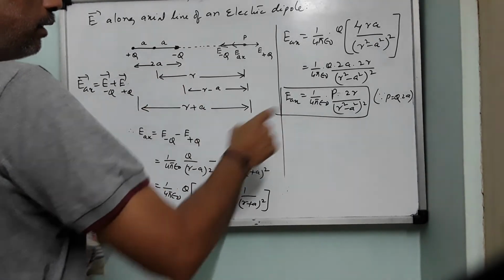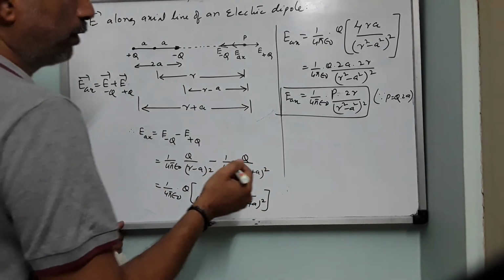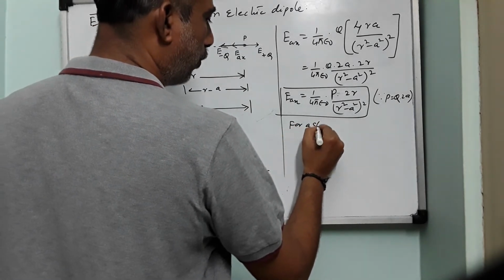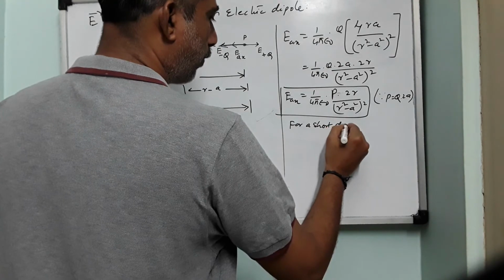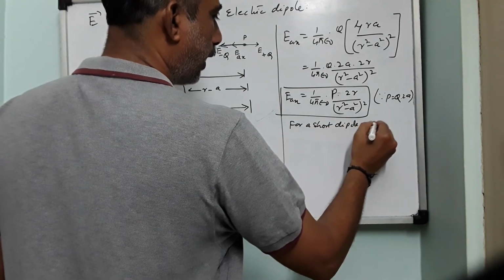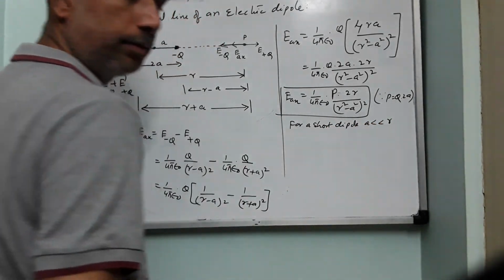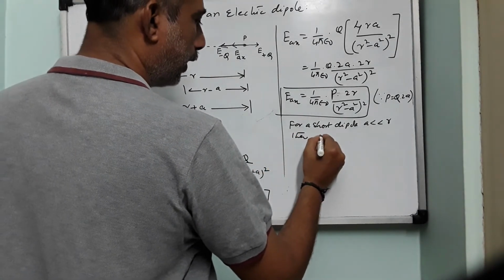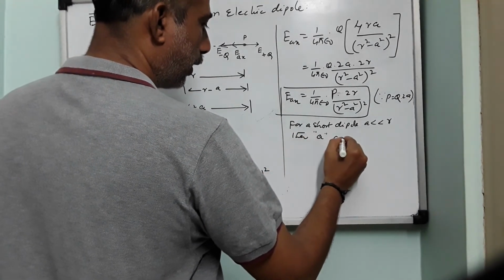Then we can neglect certain quantities here and you can minimize the derivation for a short dipole. For a short dipole, A is very, very less than R. Then A can be neglected.